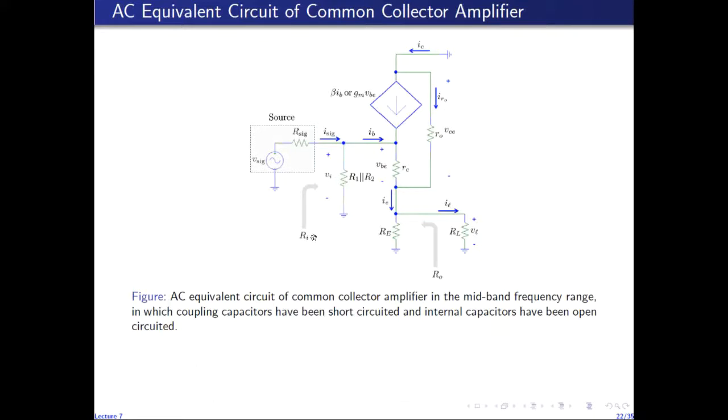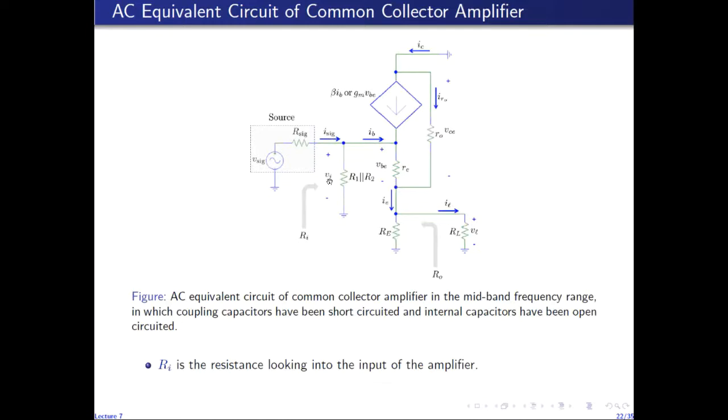So the resistance seen looking into the input of the amplifier is labeled as Ri. This port is considered as the input port of the amplifier, which constitutes the base terminal and ground. And this input resistance Ri by definition is given by the input voltage across the input port, which is Vi, and the current into the input port, which is Isig.